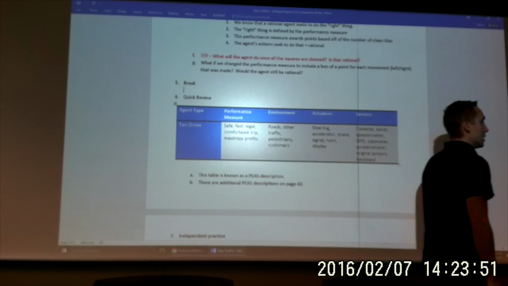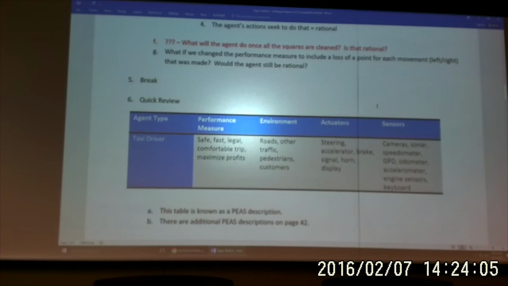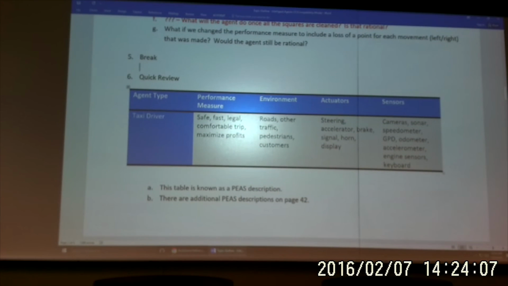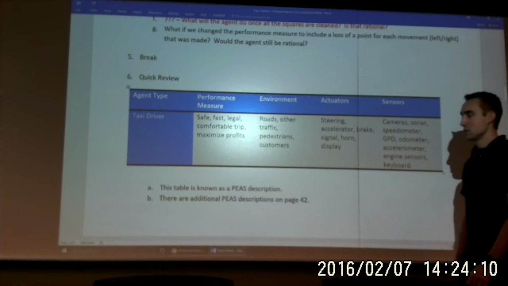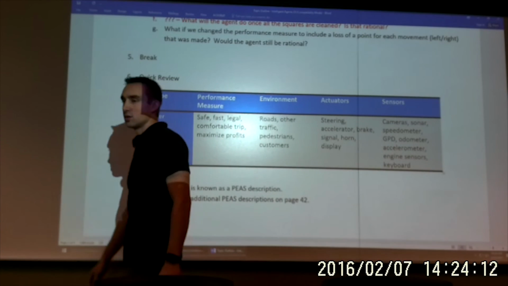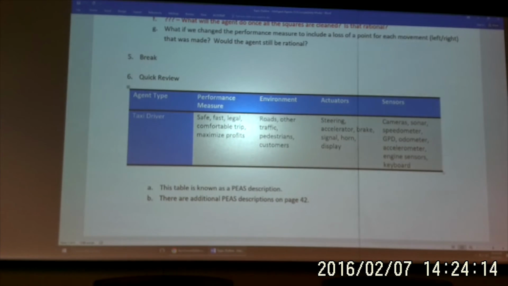So, let's move on to something new. This right here is known as a PEAS description. P-E-A-S. See if I can make it bigger. So if you look in your book, there are more of these on page 42, if you want some more examples of how this works.